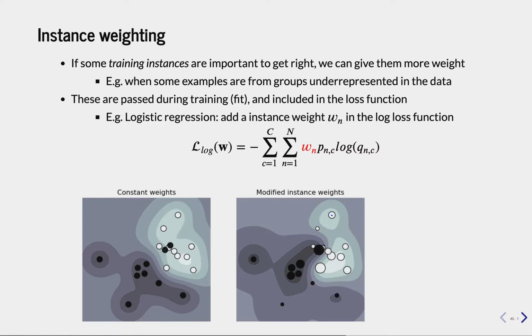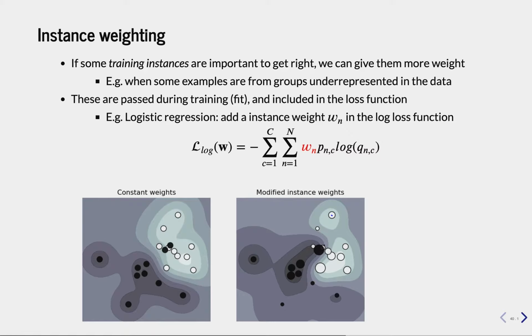This is typically done whenever you have points which are somehow underrepresented. Say you collect data, and it's biased in some way. For instance, you have some groups of measurements, and you know that some measurements will occur less in your data. You can add those points multiple times, but you can also just increase their weight. And that's called instance weighting.